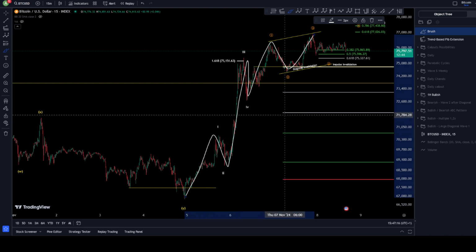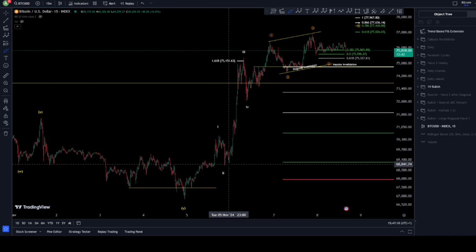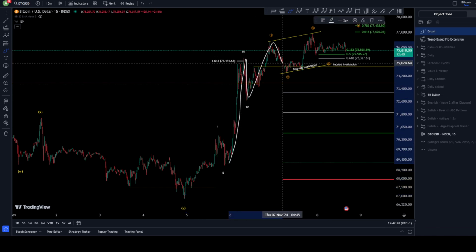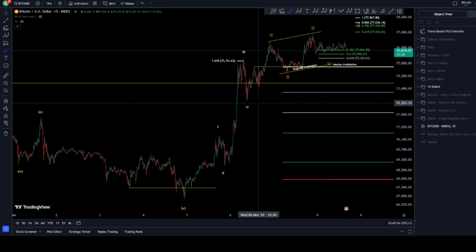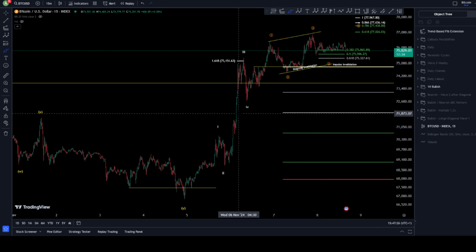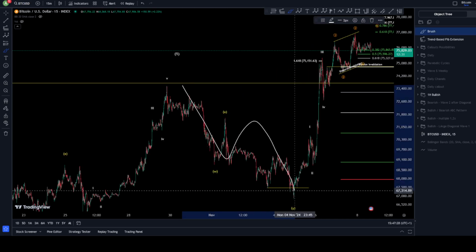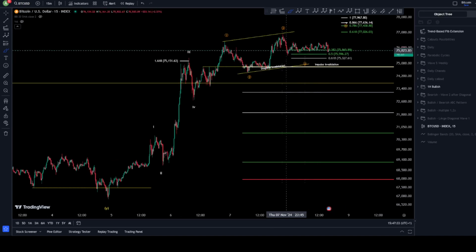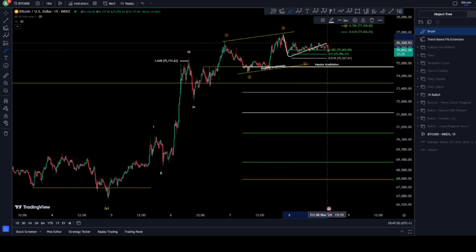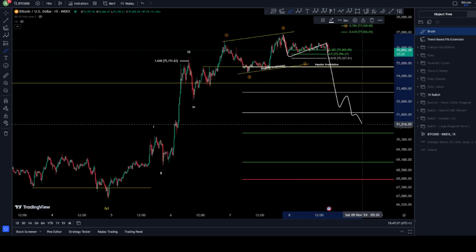It's a big choppy ending diagonal where you have a 1, 2, 3, 4, and a 5. Very typical contracting diagonal. And in that case scenario, you have finished 3 waves down, 3 waves up, and then you are looking possibly to a 1, 2, 3, 4, 5.